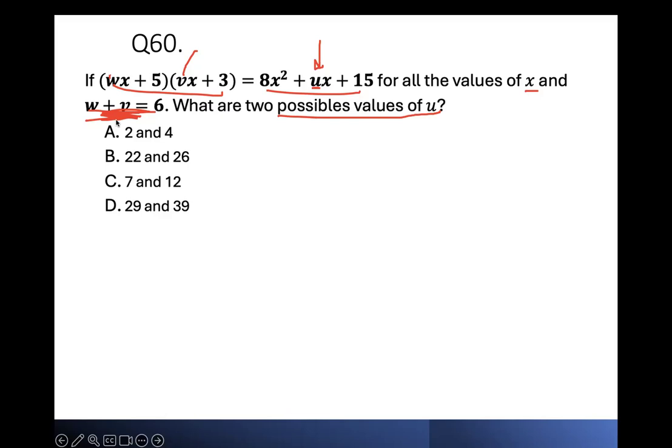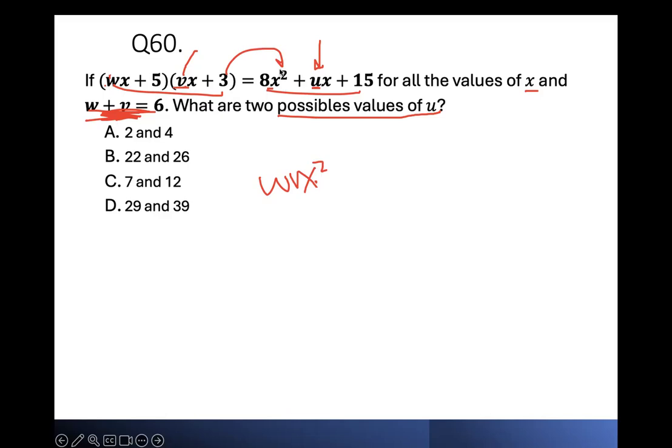Right? Now, what are we going to have? If you open this, you know that these can be rewritten like that. So I know for this to be that, I'm going to have W, V, x squared. The first letters, because they have the x.